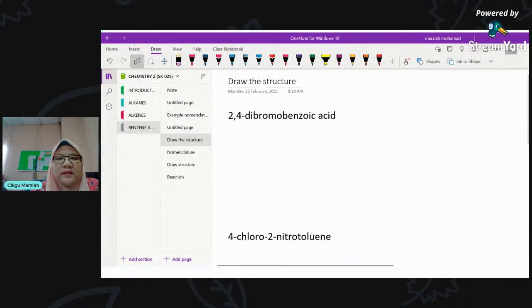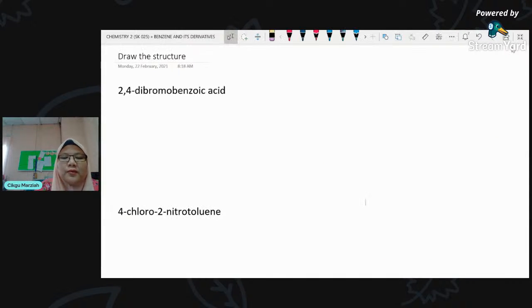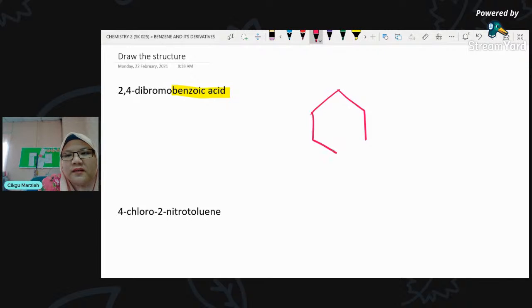Okay, kalau kita perlu lukis, kita kena tengok nama yang belakang sekali. So in this case, yang last sekali is benzoic acid. So this is the parent. So we need to draw the structure of benzoic acid first. You can put the COOH at any position, but once it's located at that position, it is considered as carbon number 1.